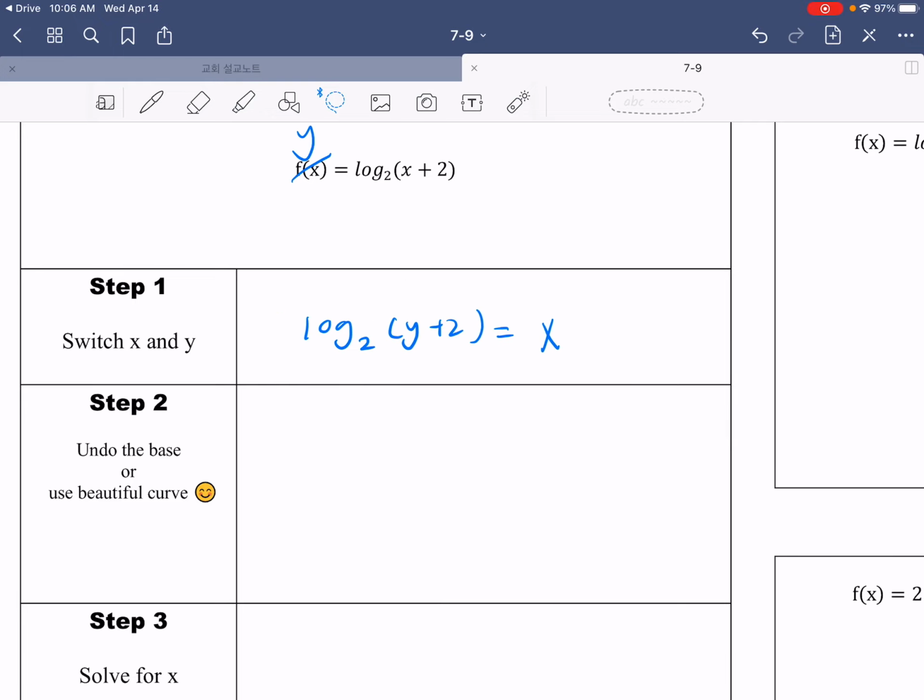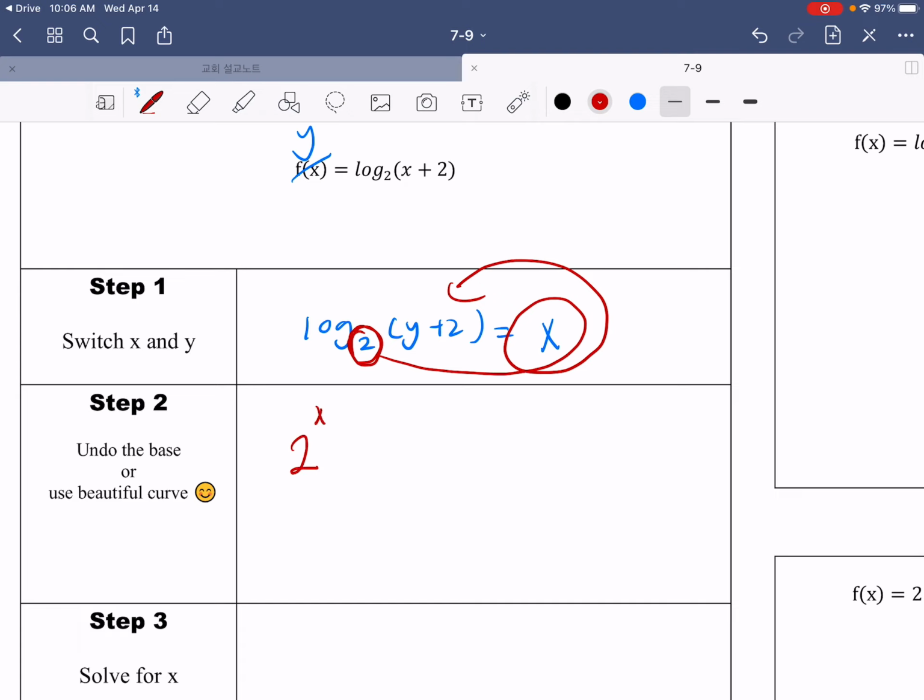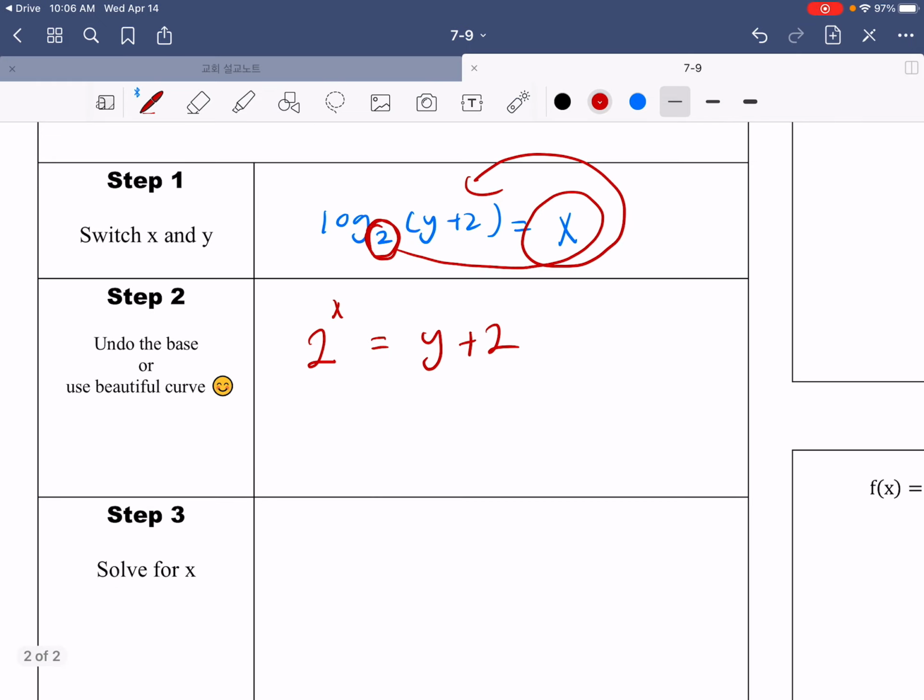I just switch x and y because I would like to do a beautiful curve. So always circle the base and do the beautiful curve, okay? So it's gonna be 2 to the x power is equal to y plus 2. Simple, right? And let's solve for y.